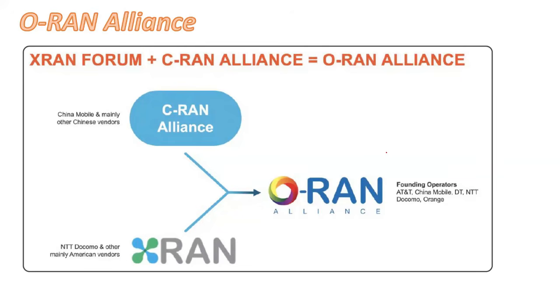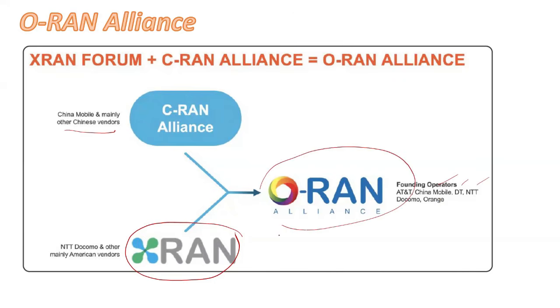The organizations that merged to form the O-RAN Alliance are the C-RAN Alliance, led by China Mobile and mainly other Chinese vendors, and the xRAN entity, with Docomo and the American vendors. The founding operators of the alliance are AT&T, China Mobile, DT, NTT Docomo, and Orange, right? So this is the O-RAN Alliance, a combination of the C-RAN Alliance and the xRAN Alliance.